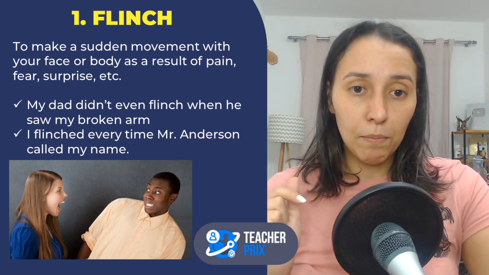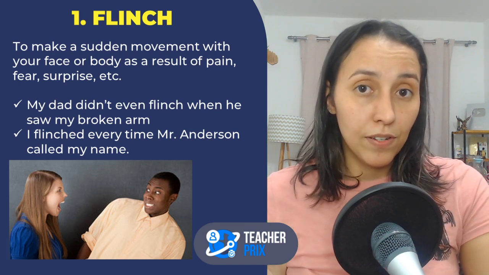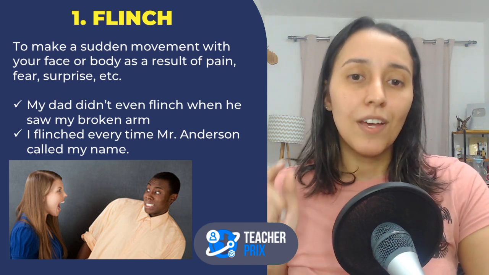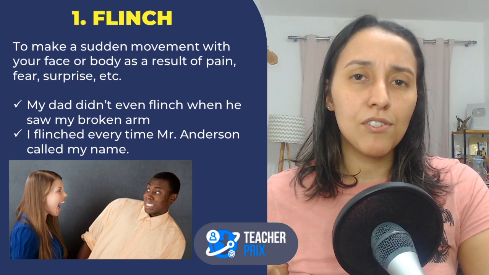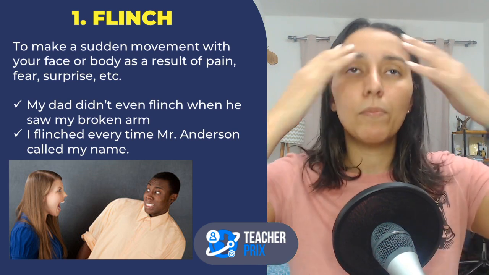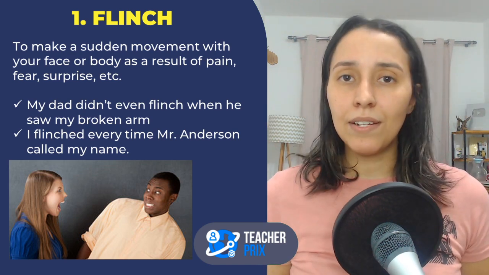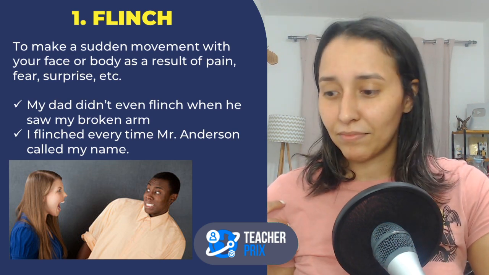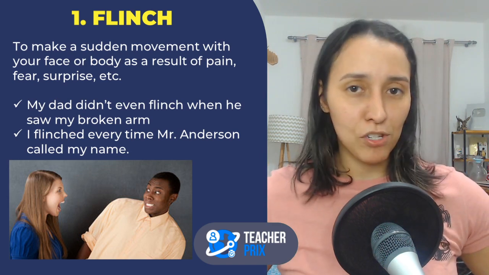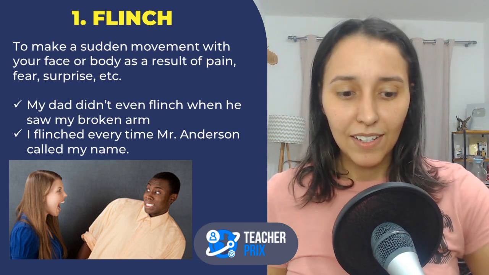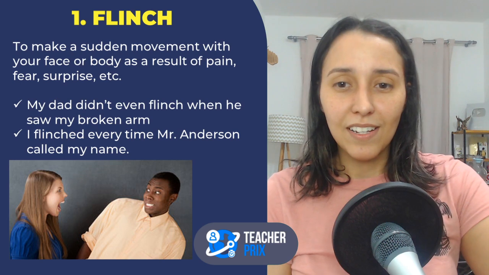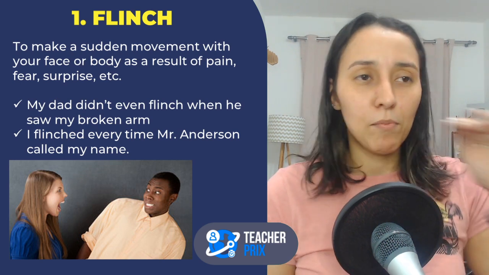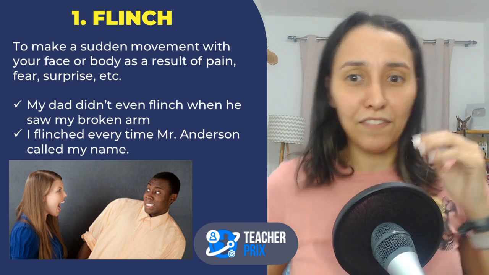Now, another example. I flinched, simple past. I flinched every time Mr. Anderson called my name. So let's put this into a context. Mr. Anderson was my chemistry teacher, and I hate chemistry. I don't like chemistry. So every time my chemistry teacher called my name, "Priscilla," I flinched.